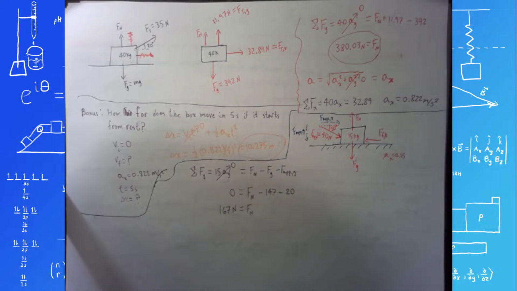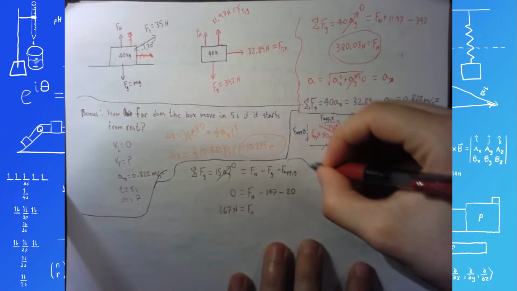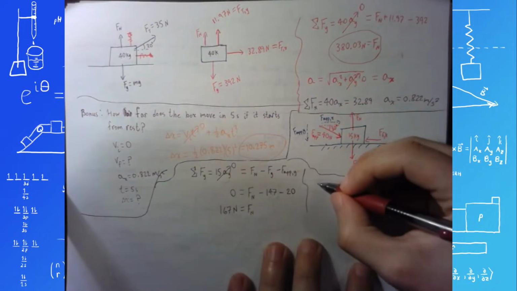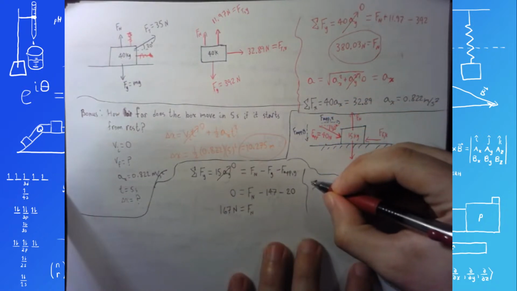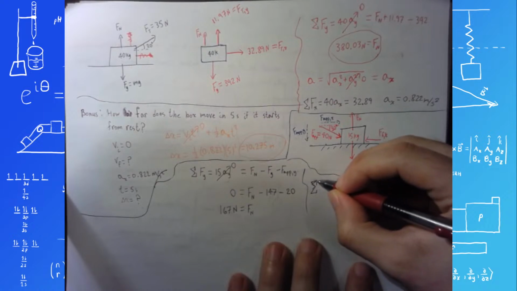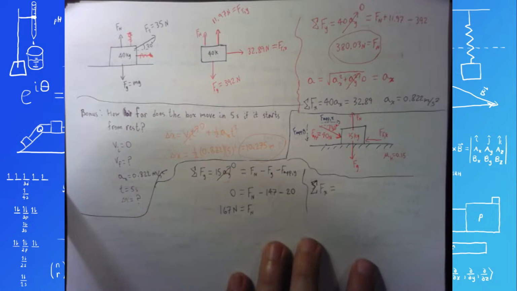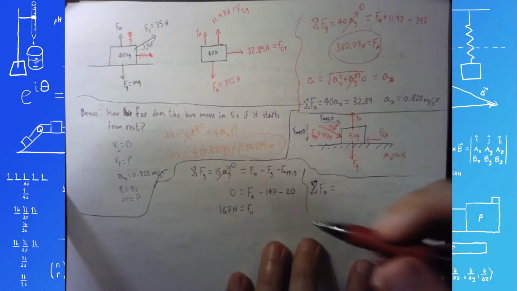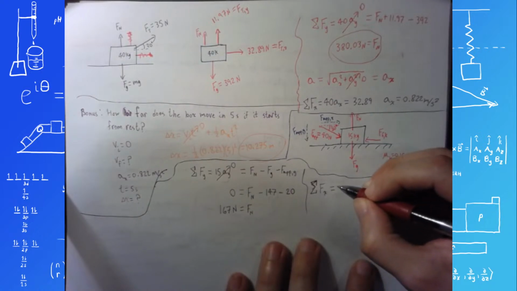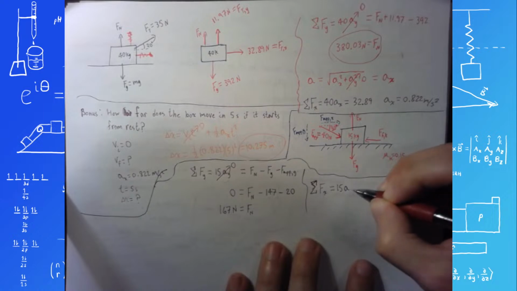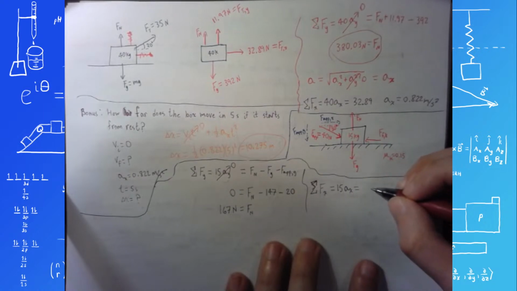Okay, and from there, I want to do net force in the x direction. Net force in the x direction for this object is going to be, I'm going to do right minus left. So it's going to be 15 kilograms times acceleration in the x direction, which we do not know yet, is equal to forces to the right.